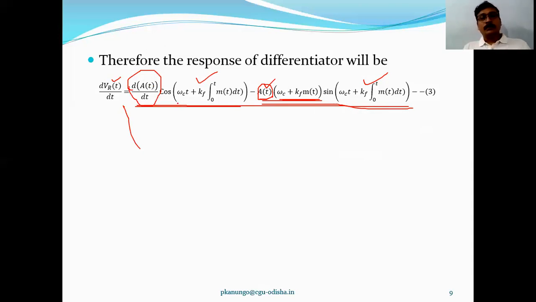Therefore, if we pass this signal through the diode detector, our purpose will not be solved because we could not detect the envelope that is proportional to the baseband signal. The envelope of this type of signal will not resemble our baseband signal, or it will not be proportional to our information signal.